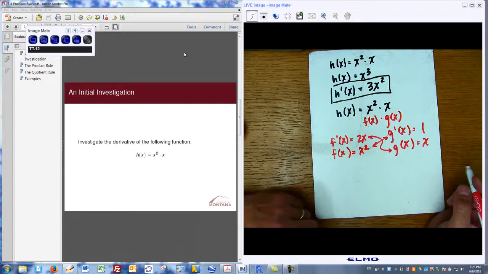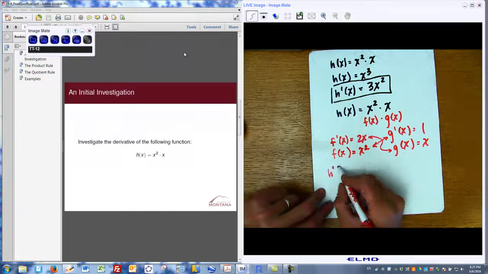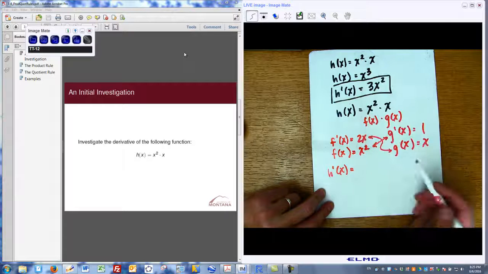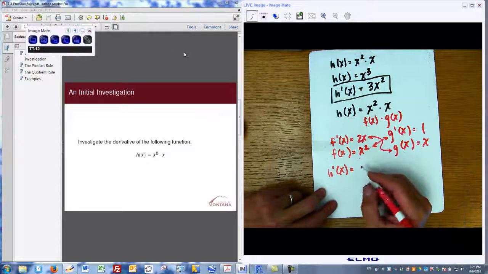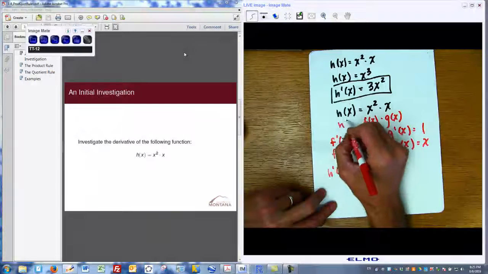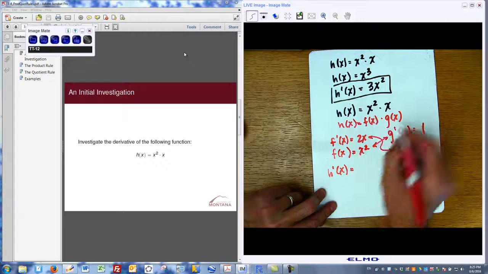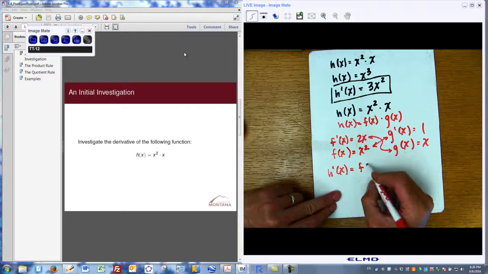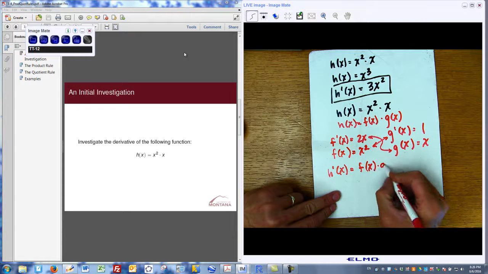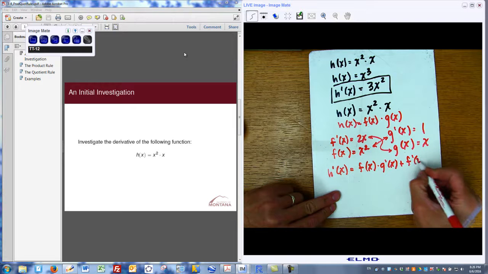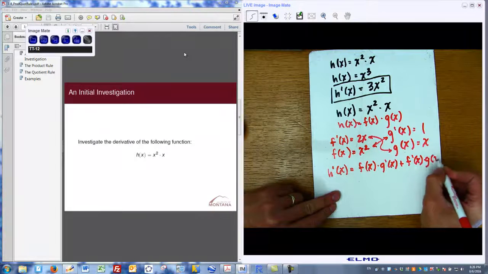And indeed, that turns out to be the product rule. In all cases where h of x is written as some f of x times g of x, then h prime of x will be f of x times g prime of x plus f prime of x times g of x.